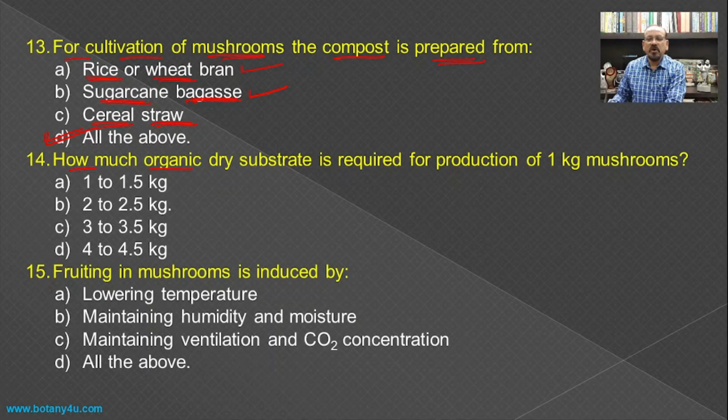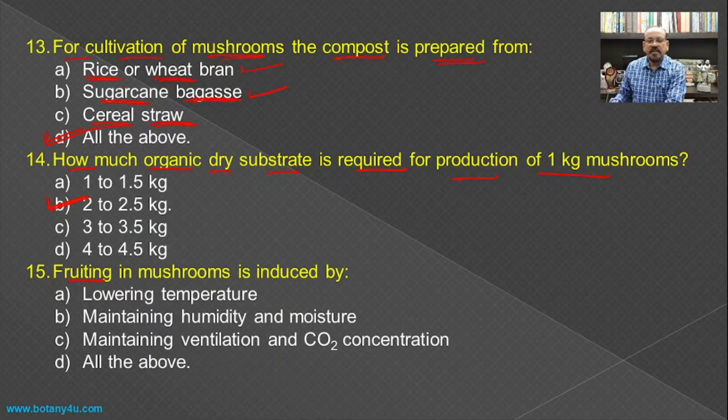Then how much organic dry substrate is required for the production of 1 kilogram of mushroom? It is estimated that 2 kg to 2.5 kg of raw material is used for the production of 1 kg of mushroom.